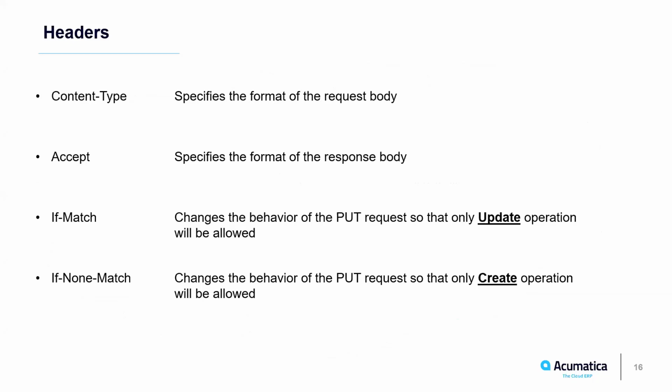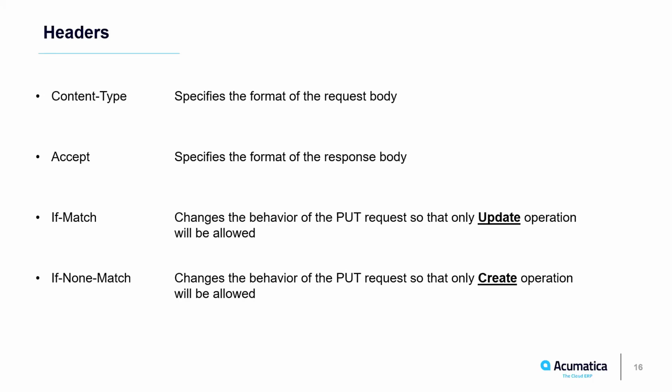The Accept header is used to specify the format of the response that you expect. These 2 are the most frequent ones, and usually the required ones for any type of API request. You also have the 2 that are a bit more obscure, which are If-Match and If-None-Match. They're not mandatory at all. They're just there if you want to customize the behavior of your request a bit.